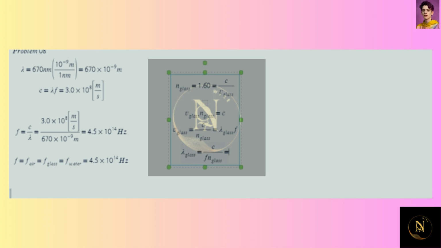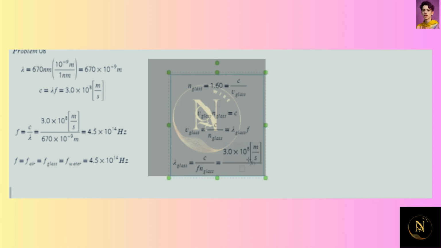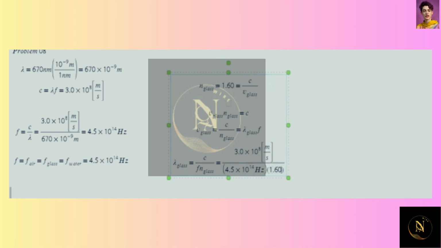Now let's go ahead and plug in all the values. c is going to be the speed of light. f is the quantity we just calculated. And n glass is 1.60.